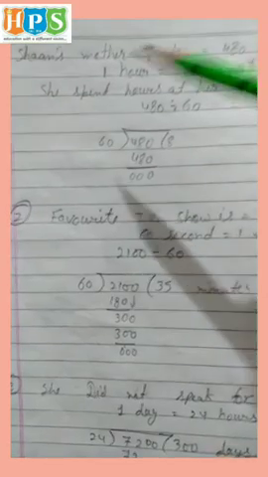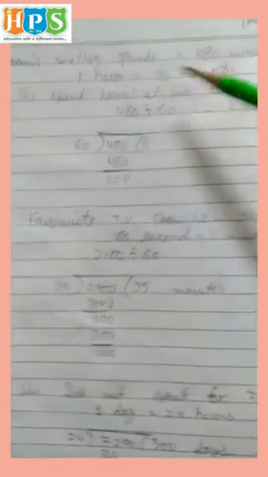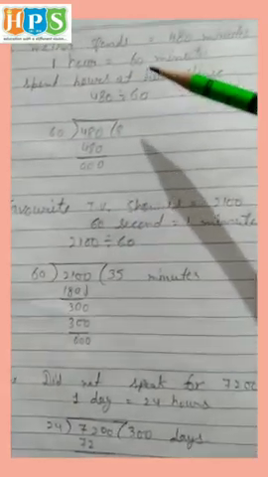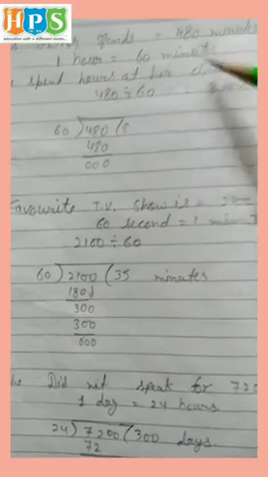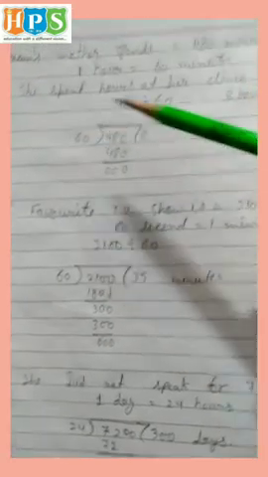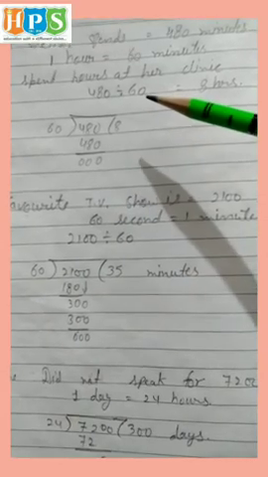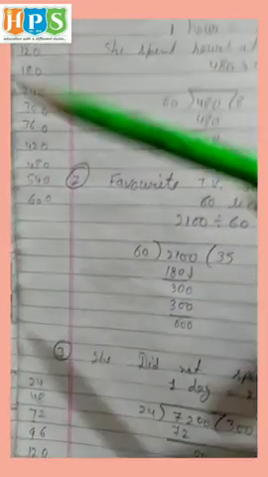Question number 1 solution. Shan's mother spent 480 minutes at her clinic. 1 hour is equal to 60 minutes. She spends how many hours at her clinic? 480 divided by 60. We need the table of 60.